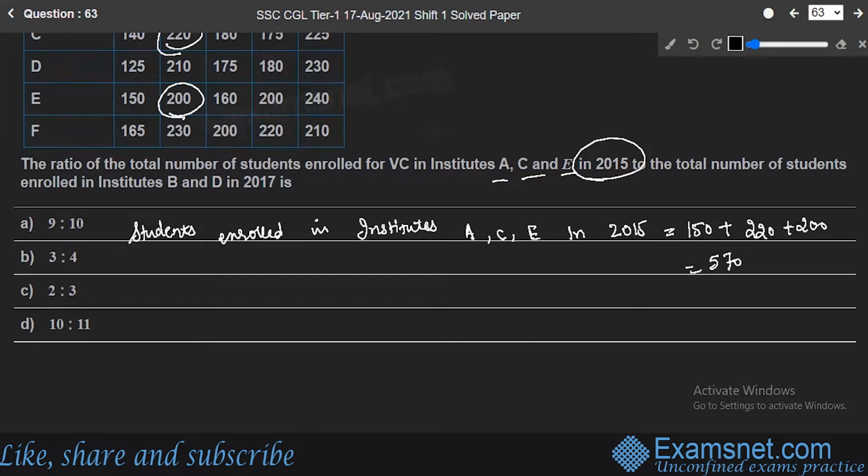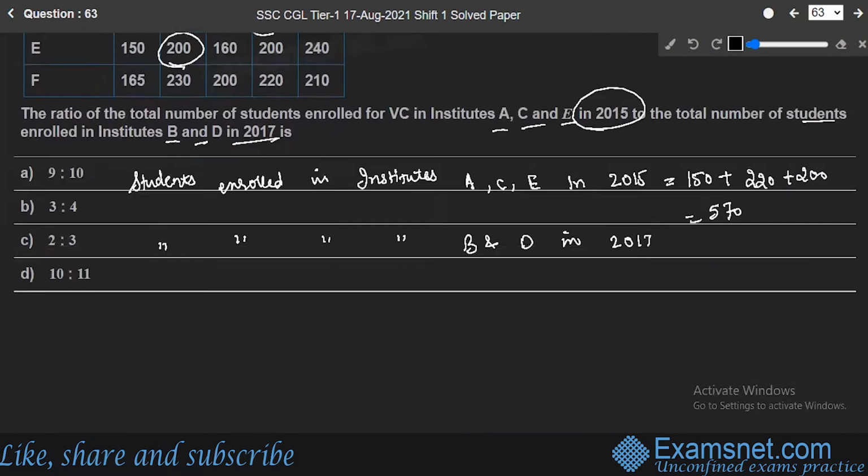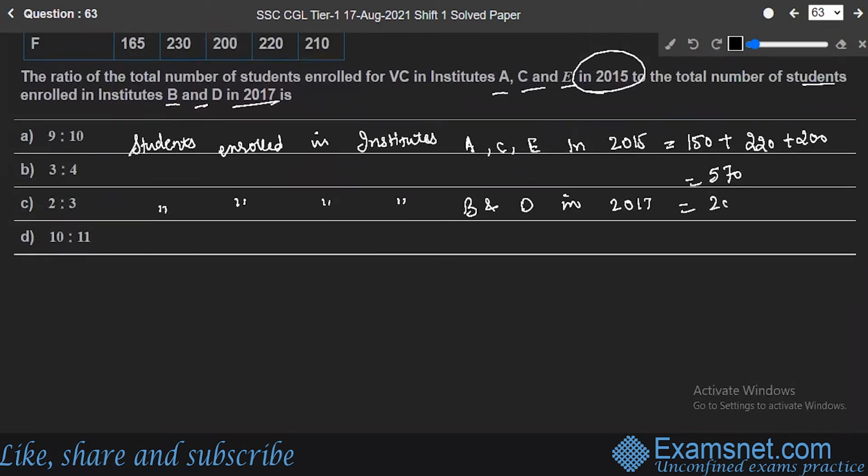Now, the total number of students enrolled in institutes B and D in 2017. How many are there? Let's see. It's 200 plus 180, which gives you a total of 380.